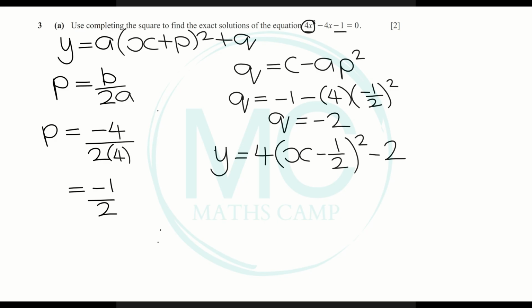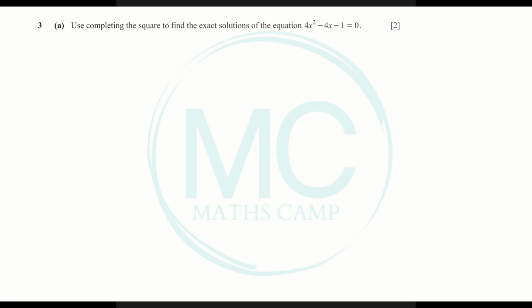And even though this is in a different form, this is still a quadratic. So we need to make our equation equal to 0. So let's make some space. And I can say 4 multiplied by (x minus 1 over 2) squared minus 2 is equal to 0. And now I can find x.